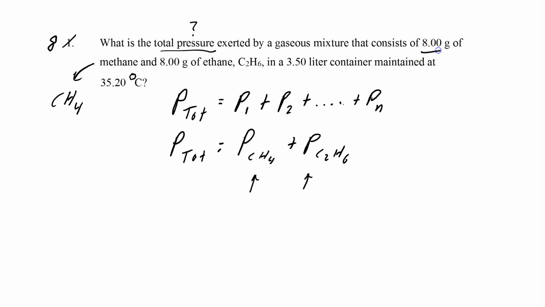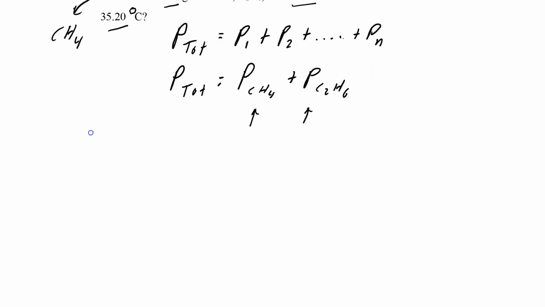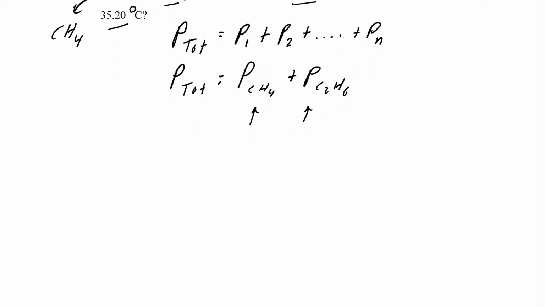So our job here is first to calculate the partial pressure of these two gases individually based on the amount present, 8 grams for each of them, the volume of the container, and the temperature. So that means we're going to have to use the ideal gas law, as in the previous problem, to calculate the pressure of each of the two gases. Our ideal gas law equation is PV equals nRT, and we're solving for pressure.